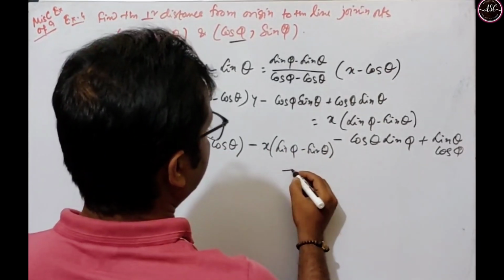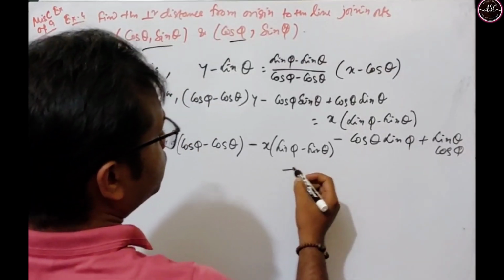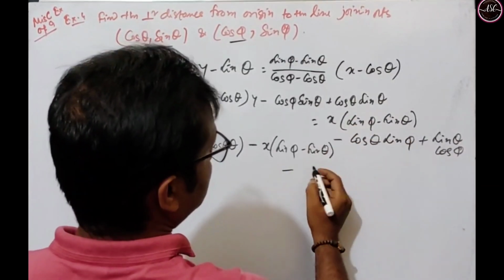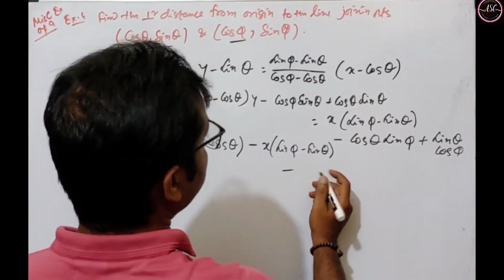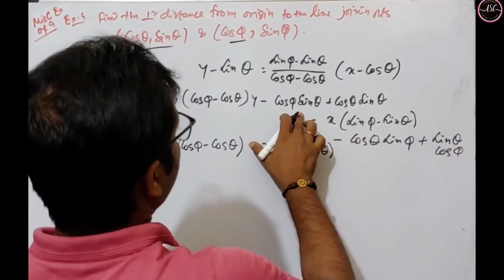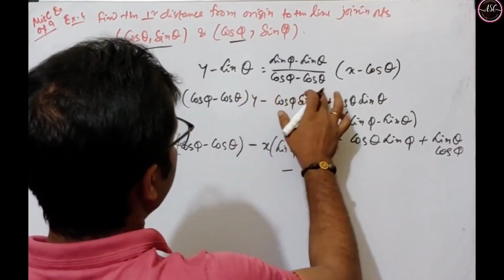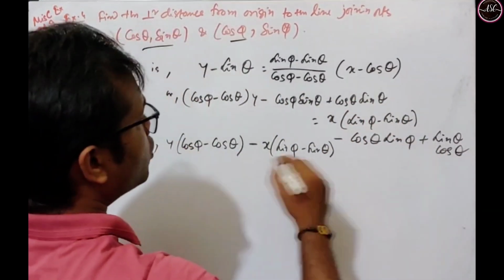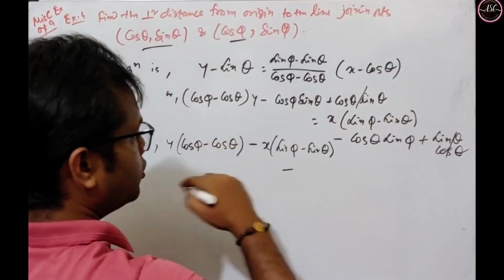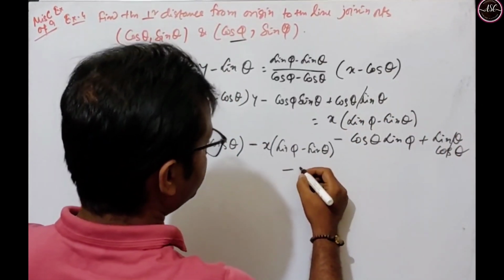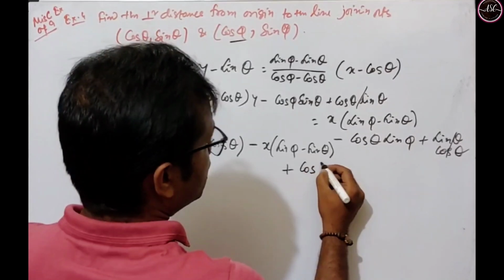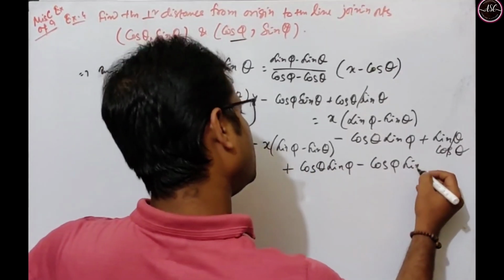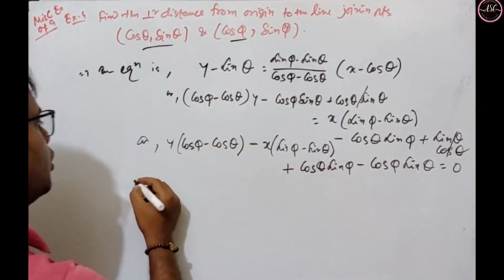Okay. And here, cos phi sin theta and cos phi sin theta, and this will be sin theta cos theta plus sin theta cos theta. Okay. So these two parts will be cancelled out, and here we have plus of cos theta sin phi minus cos phi sin theta, okay, equal to 0.